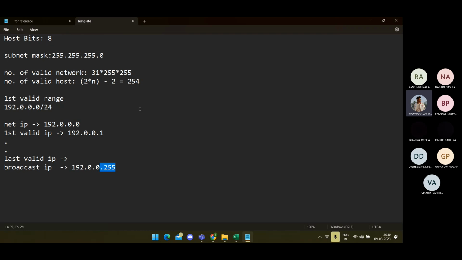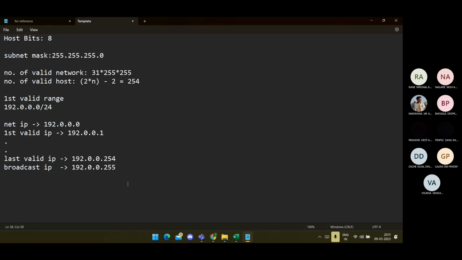You understand, or should I explain again? I understood. Okay, do you have any doubt till now? For the last valid IP, it would be 254, no, in the last line. Yes, yes. Very good.